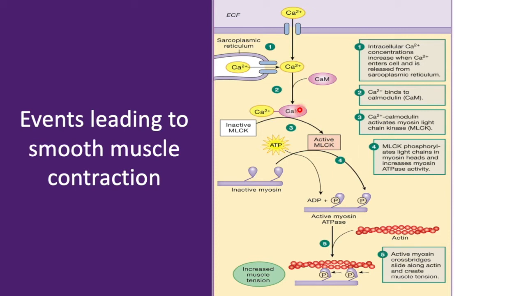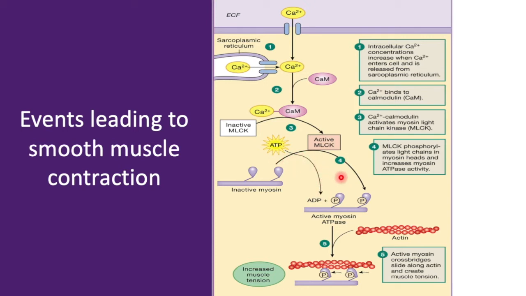The calcium-calmodulin complex will then activate myosin light chain kinase, MLCK, from inactive MLCK to active MLCK. The MLCK will phosphorylate myosin light chain in the myosin head, and this will increase myosin ATPase activity.